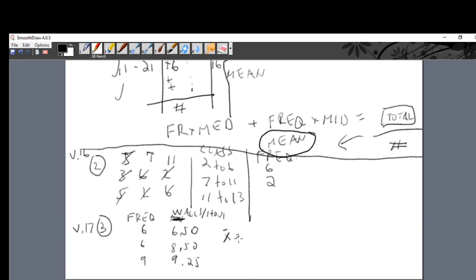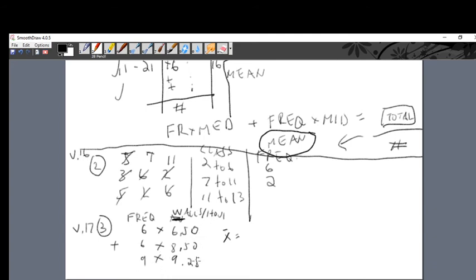So what you do is as follows. You multiply over here the times, and then add it, very similar to what we were just doing. Multiply the frequency times the wage per hour, frequency times wage per hour, frequency times wage per hour.